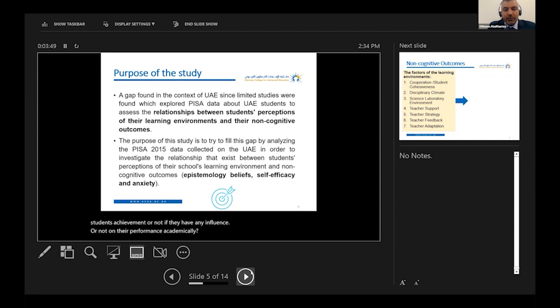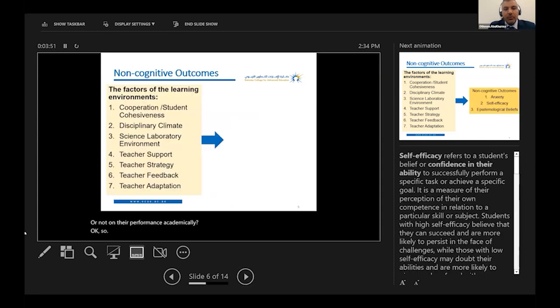Okay, so we first need to define the learning environment based on students' perception. We have concluded that the PISA test, the international standardized test, has a construct of 7 components for this learning environment.